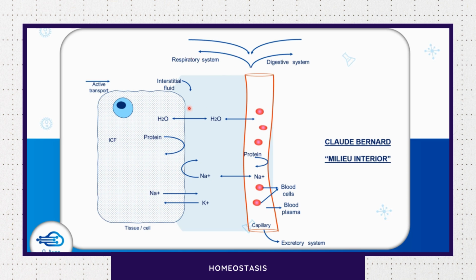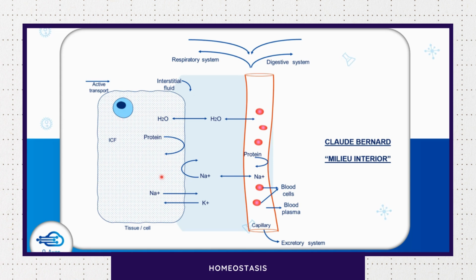So what we are saying is that this immediate environment of the cell, which is the interstitial fluid, was initially named the milieu interior or internal environment of the body by Claude Bernard. But now we consider both the interstitial fluid as well as the blood flowing in the vessels, that is the entire extracellular fluid, as the internal environment. And this internal environment is in turn in contact with the external environment by means of various systems.